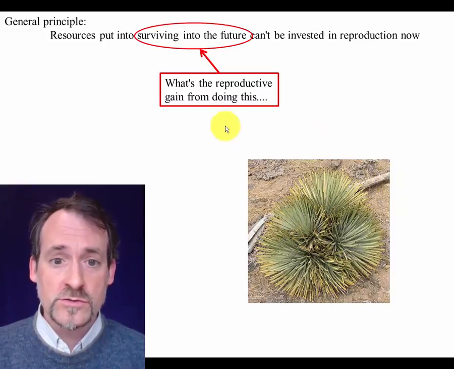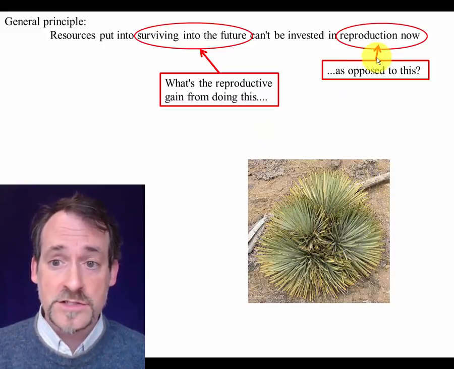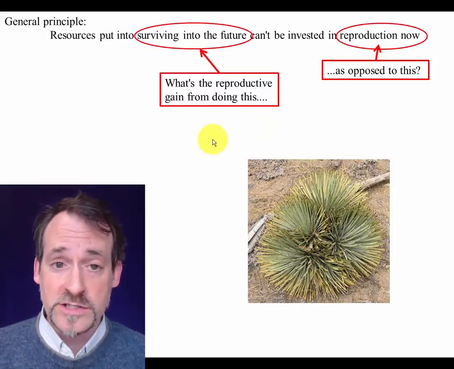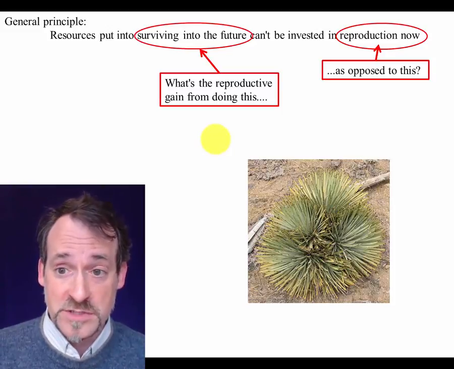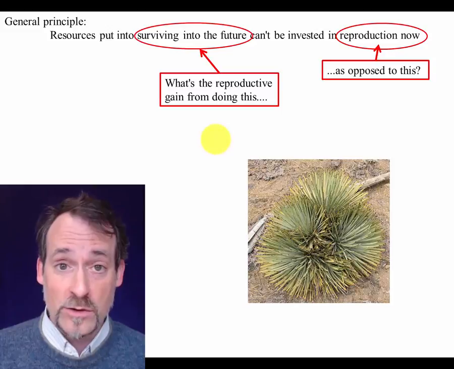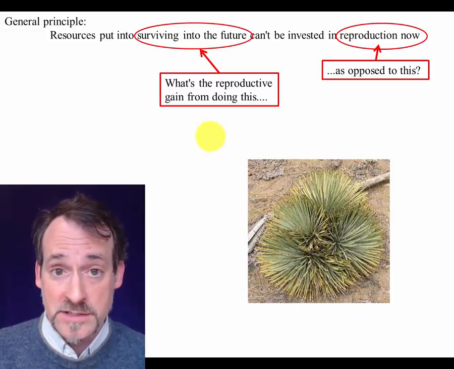So there's a certain reproductive gain to taking one strategy. There's a certain reproductive gain to taking another strategy. You can either put resources into surviving into the future in hopes of getting future payoffs, or you can cash in all your chips now and get as many offspring as you can now, but then sacrifice all future possibilities.